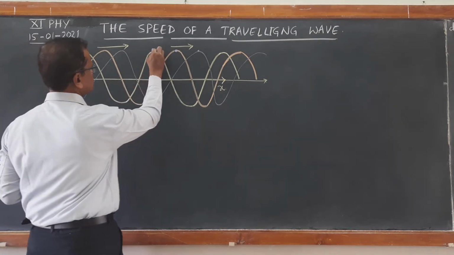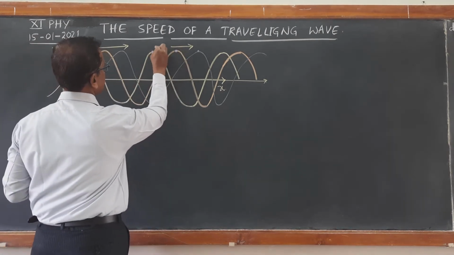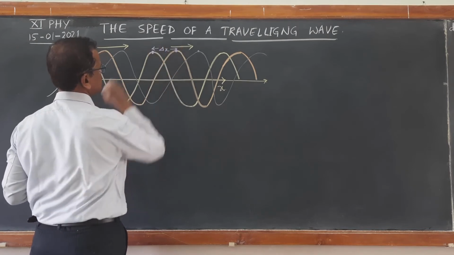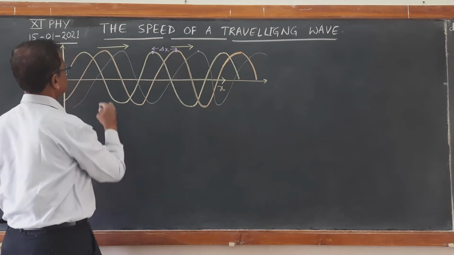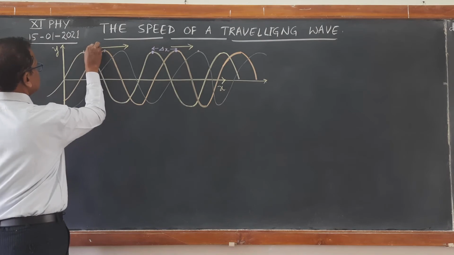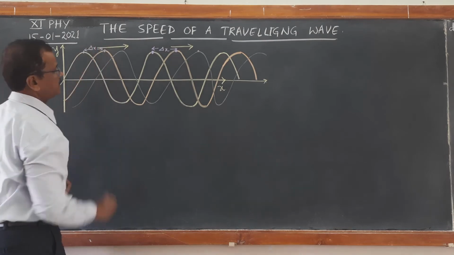Now suppose it has covered a distance of delta x. This is also covering the same delta x in time delta t.